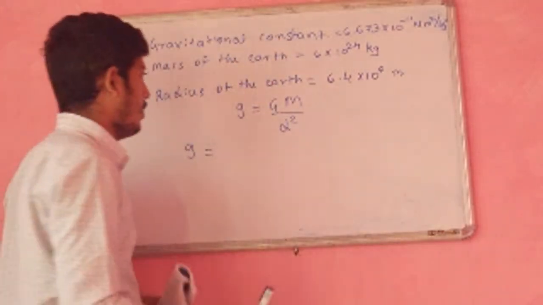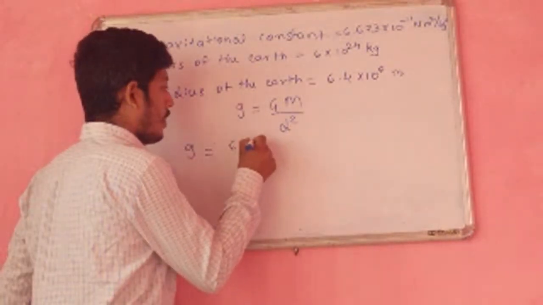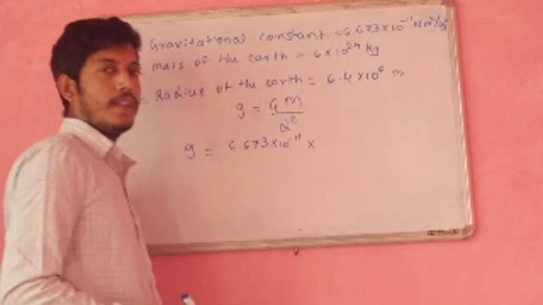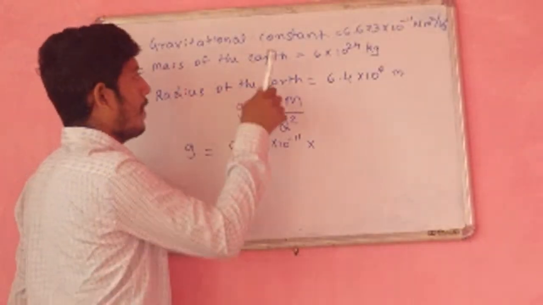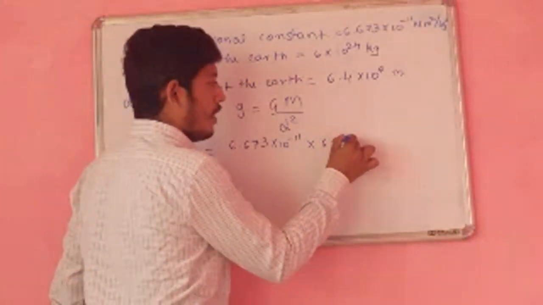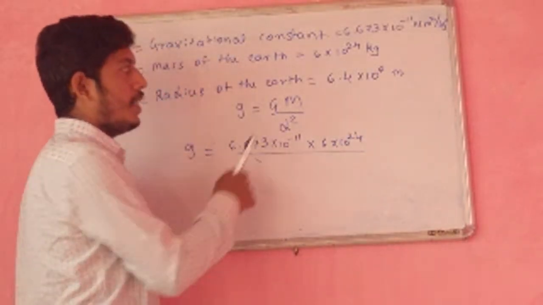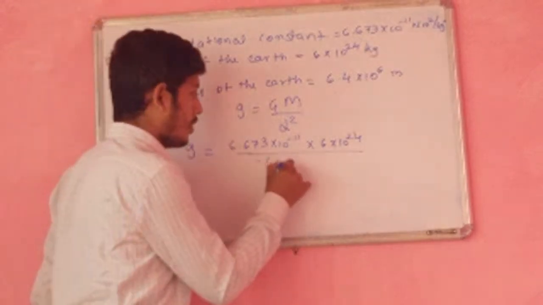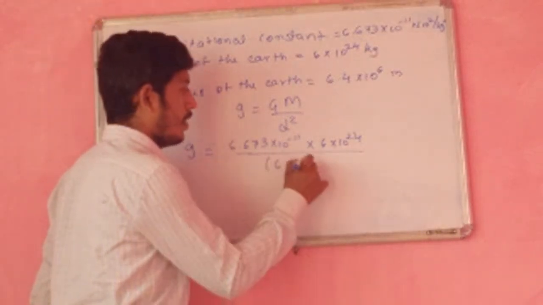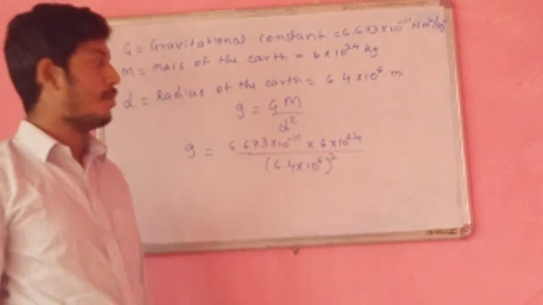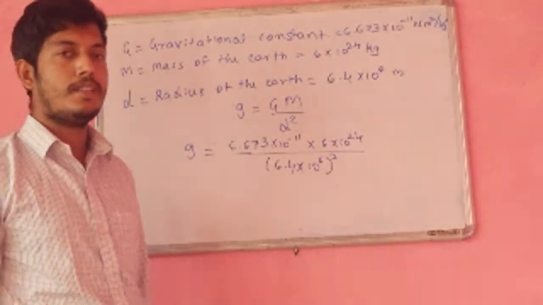It becomes 6.673 into 10 raised to minus 11 into 6 into 10 raised to 24 divided by 6.4 into 10 raised to 6 whole square.